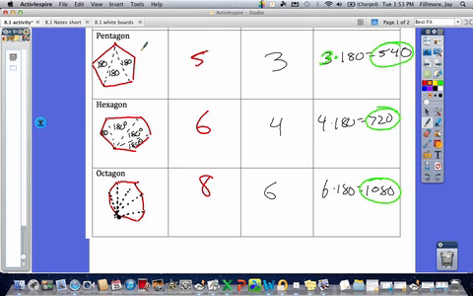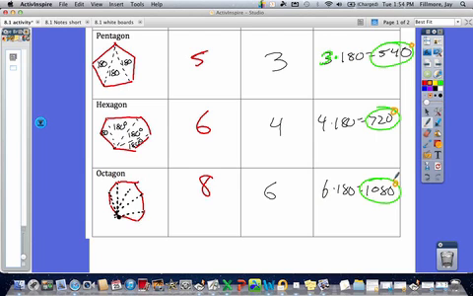So in a pentagon, we have 3 triangles, 180 degrees each, for a total of 540 degrees. In a hexagon, we had 4 triangles with 180 degrees in each of them, for a total of 720. And with an octagon, we had 6 triangles for a total of 1080 degrees.